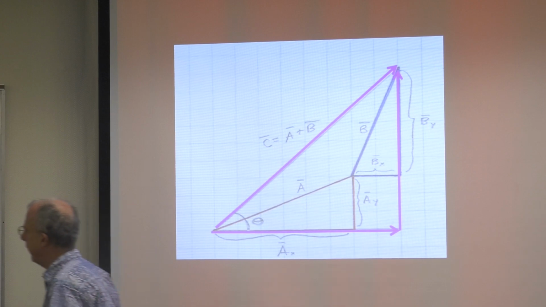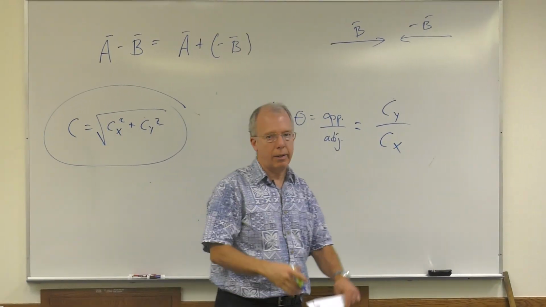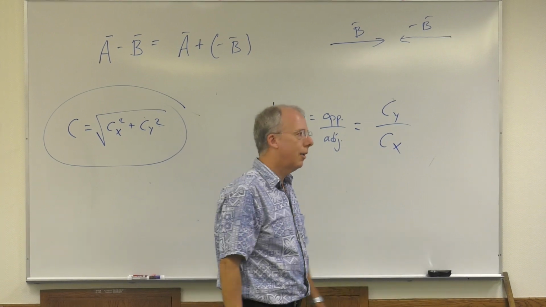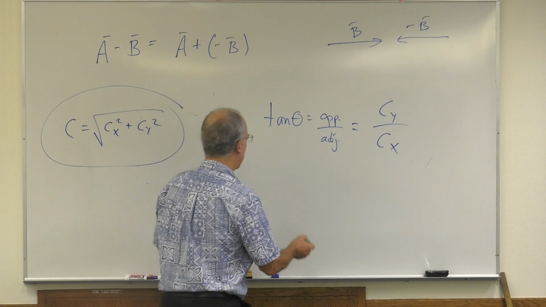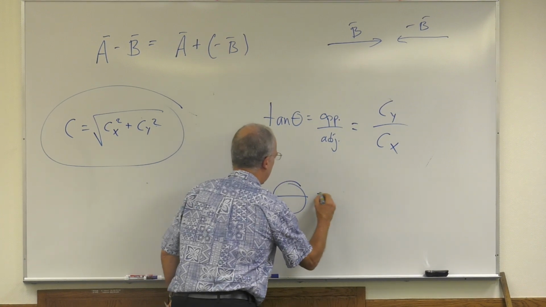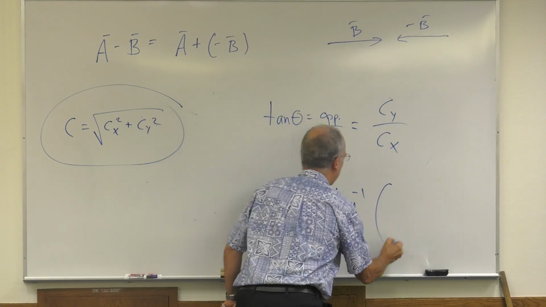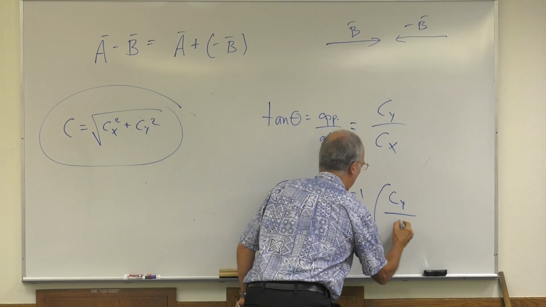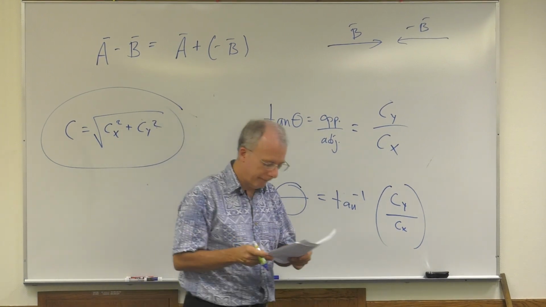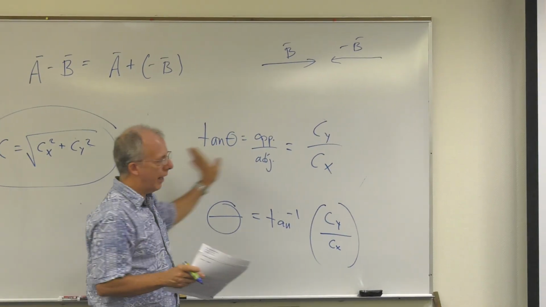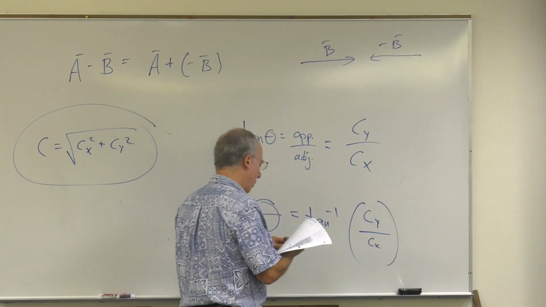Cx. Now that's tangent theta. I don't want tangent theta, I want theta. So how do you go from this to theta? You just take the inverse. So theta is just tan inverse of Cy over Cx. And we'll do that a lot. You should know all of that because you should have learned it in trig. So this was just a review, hopefully.